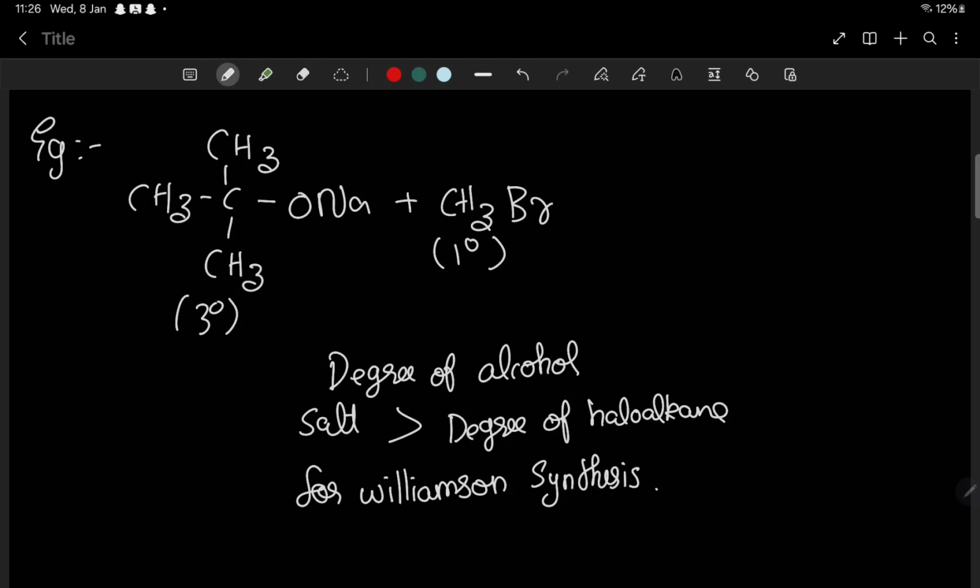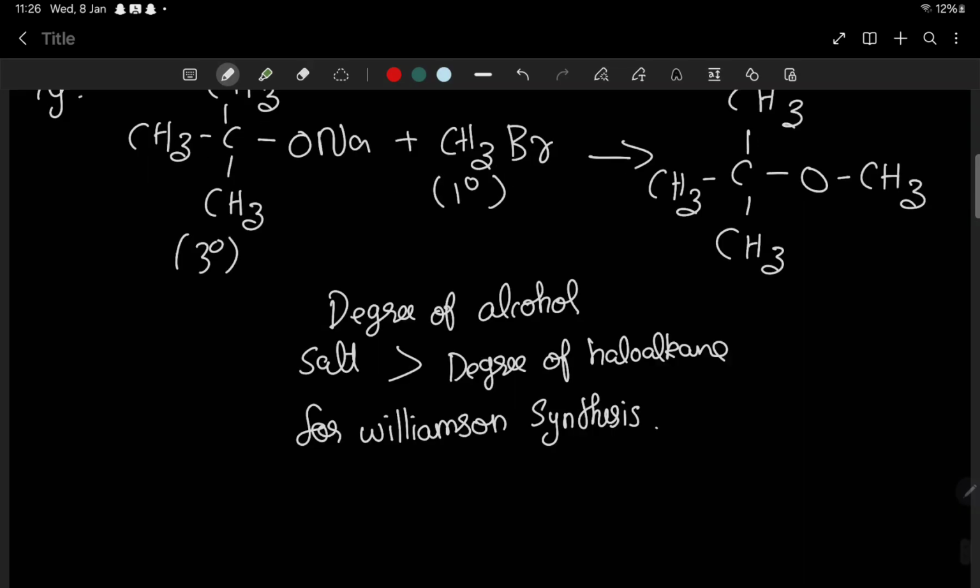Understood? Yes, this is the important thing. In this reaction, it is primary and tertiary. Tertiary greater than primary, the reaction happens. We'll just write the product, no need of the byproduct. CH3OCH3 is the product.